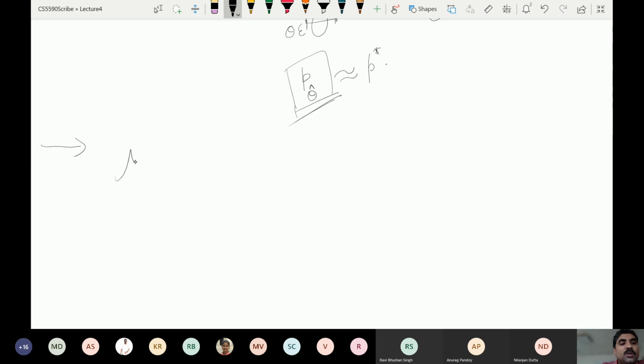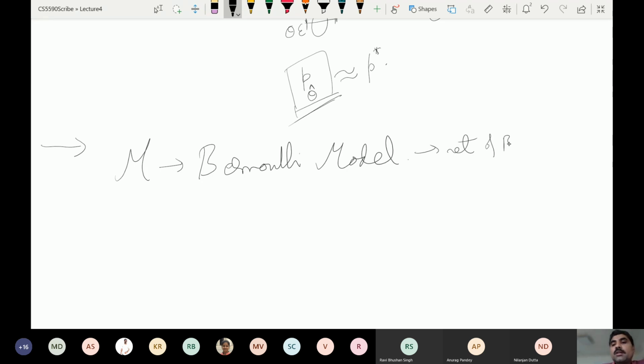So let's start with what is called the Bernoulli model. This is a very simple model. It is nothing but the set of all Bernoulli likelihood functions. So what is special about Bernoulli likelihoods?